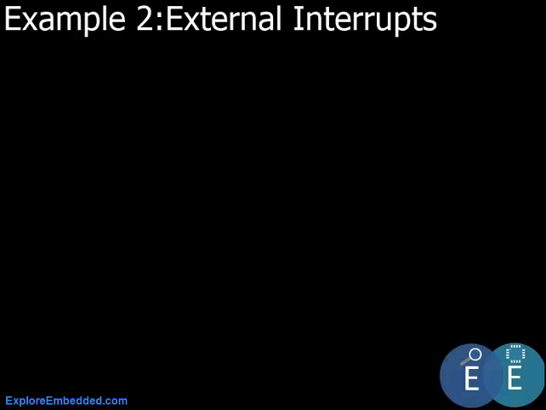Alright, so let us go ahead and look at the external interrupts as well. Now we have seen that the sources for external interrupt are pin 3.2 and pin 3.3 on the microcontroller.